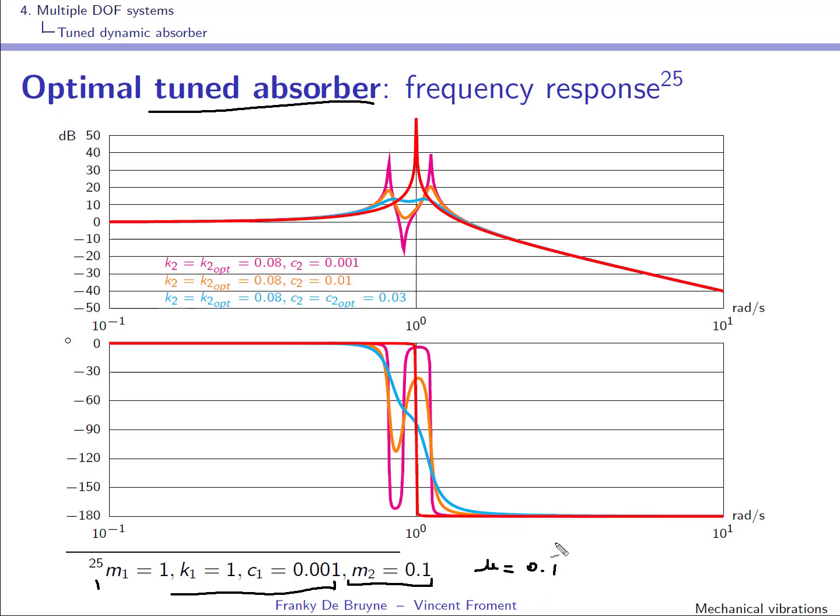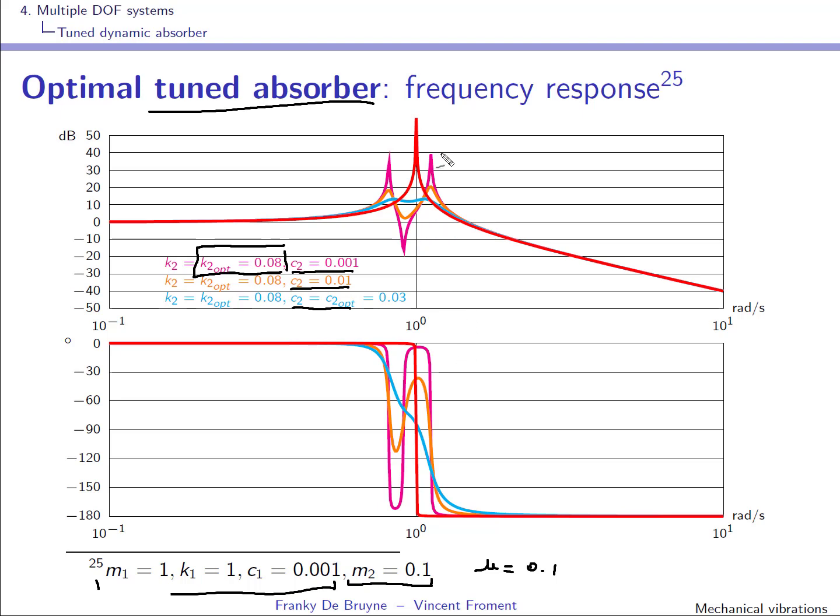Okay, and using the formula in the previous slide, I use a stiffness in my secondary system of 0.08, and then I'm looking at what's happening with different values of the damping coefficient, right?